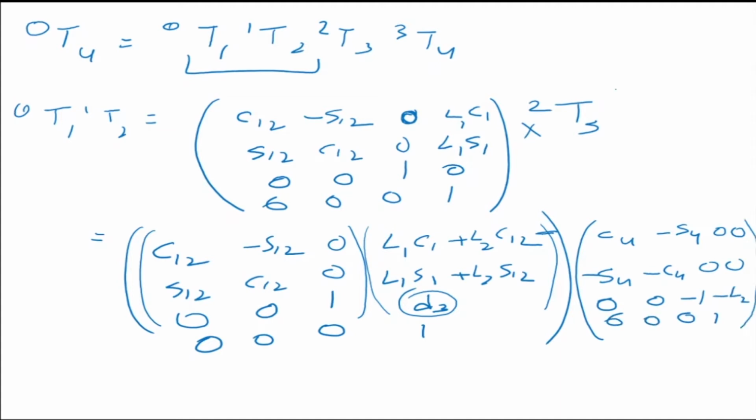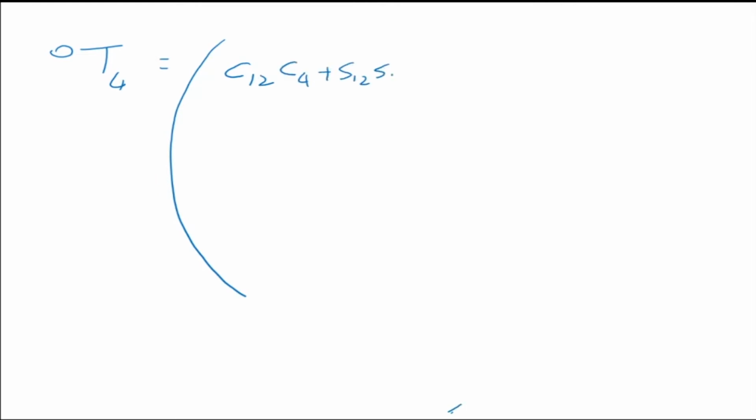So when I multiply this out, what we get in terms of the final matrix is T 0 to 4. 0 to 4 is equal to cos 1, 2, cos 4 plus sin 1, 2, sin 4, minus cos 1, 2, sin 4 plus sin 1, 2, cos 4, 0.